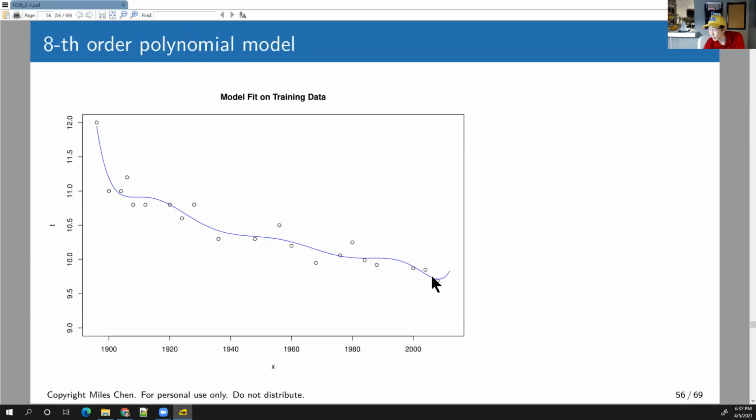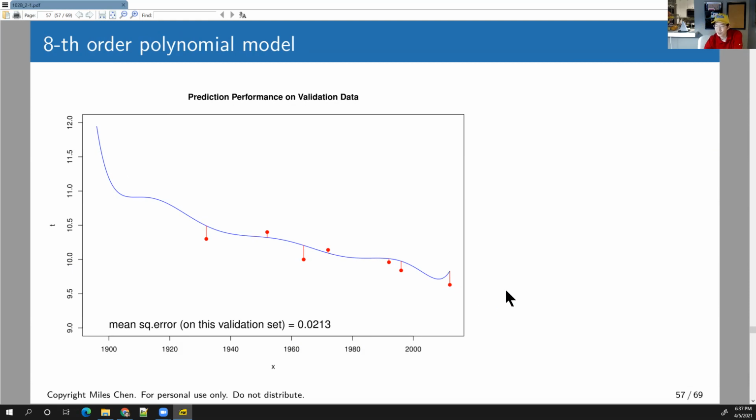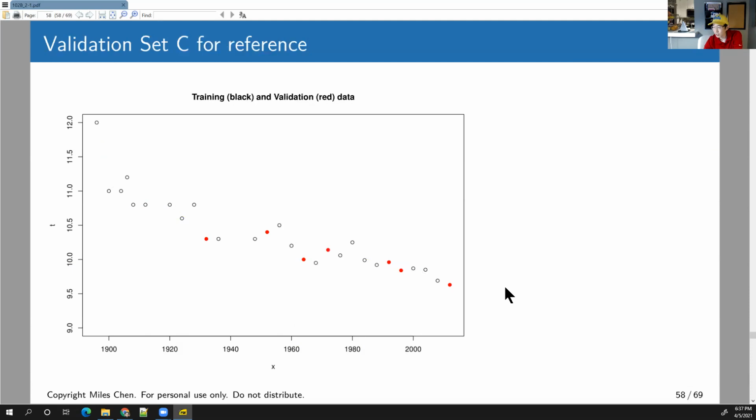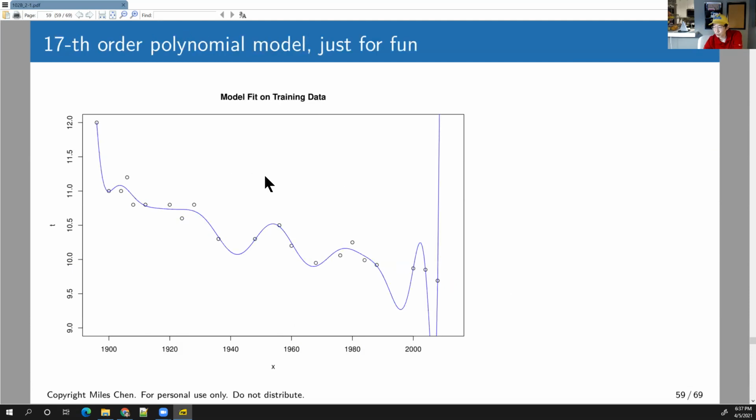But what we'll notice is that with the 8th order polynomial, it fits this point quite well. This is the original thing. But now we get a little bit of a tail flip here, and we're actually starting to increase the error. Just for silliness, we're also going to fit a 17th order polynomial.